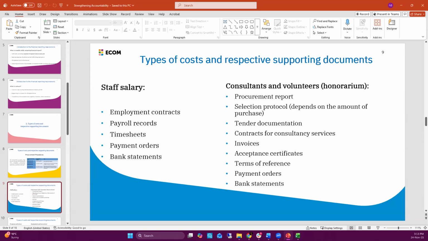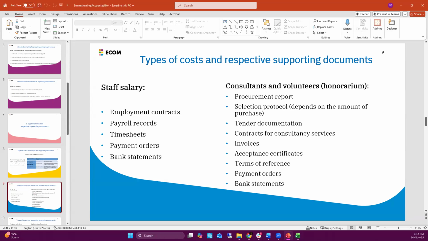Payment orders, this is a document showing details of a particular bank payment. And the bank statement, this is a list of all bank transactions during a certain period of time. Normally, this period of time is the reporting period, starting with the first day of the period, ending with the last day of the reporting period.